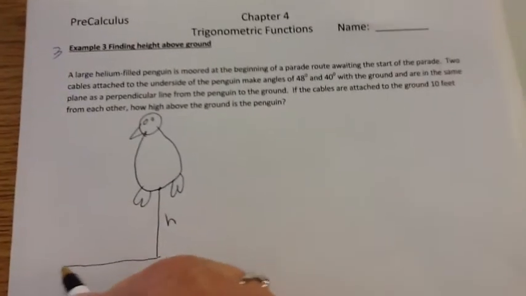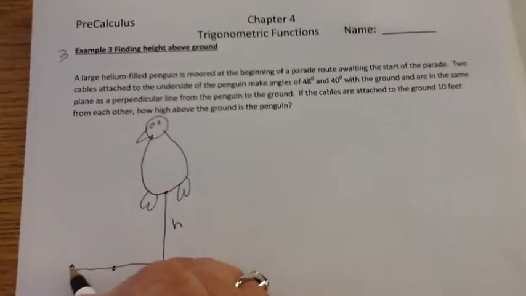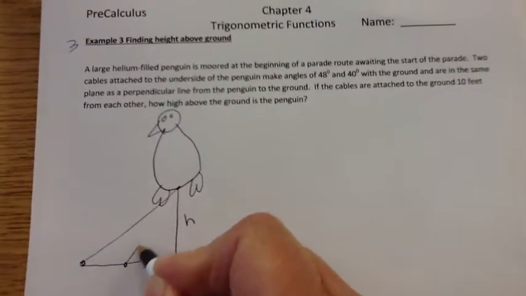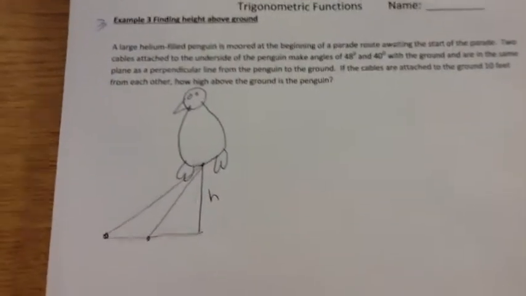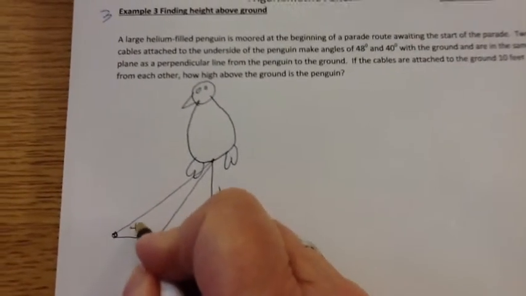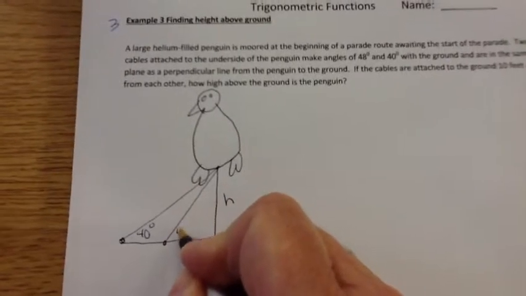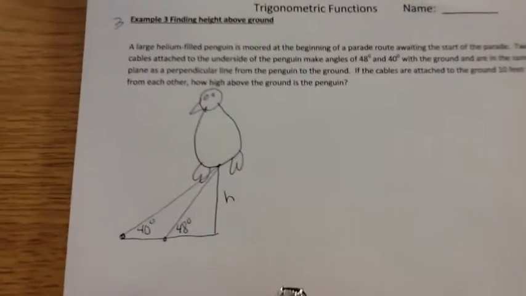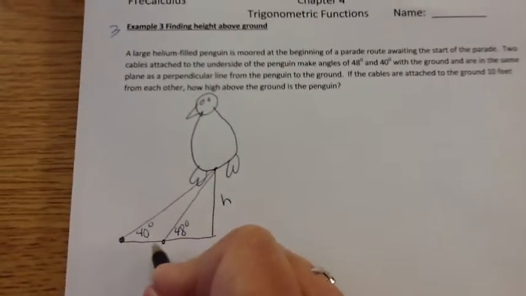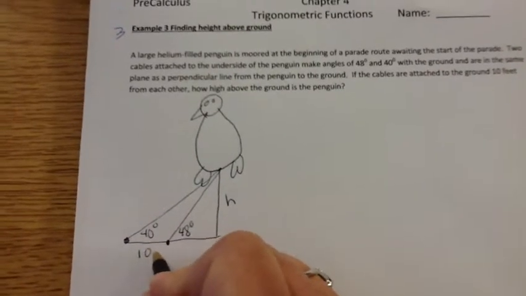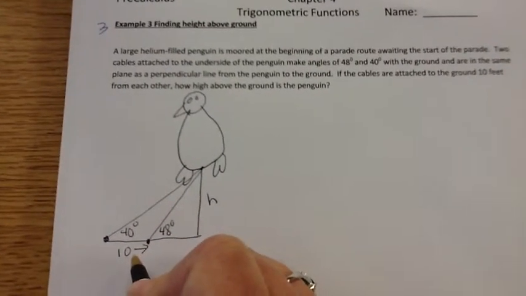So we have a cable here and we have a cable here, and they're attached to the underside. And this one has an angle of 40, and this one has an angle of 48, and they tell you that these two spots are 10 feet across.